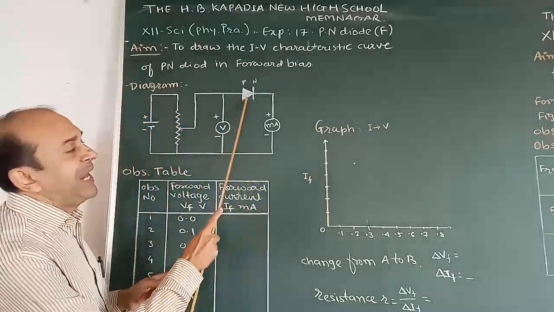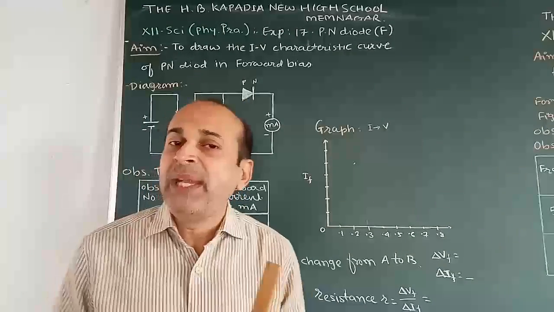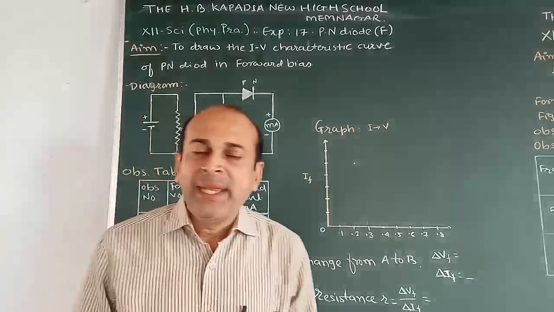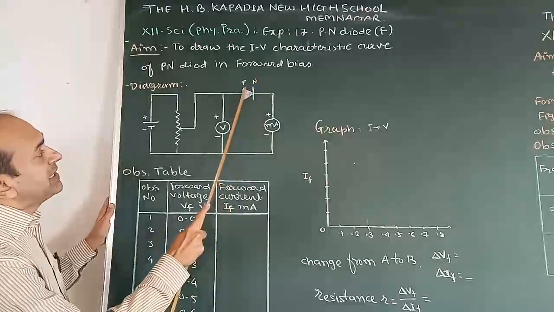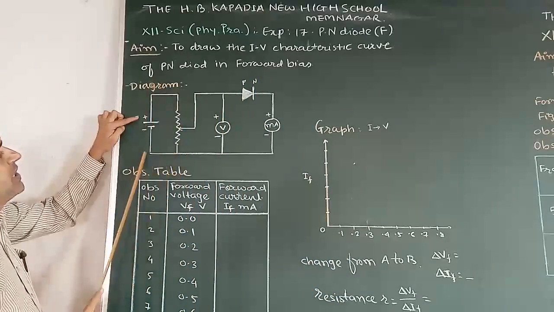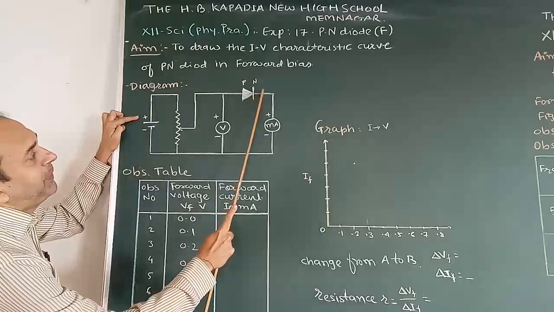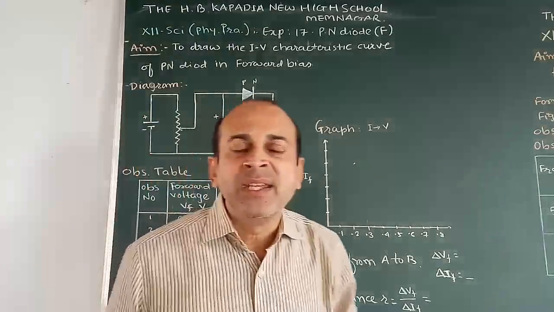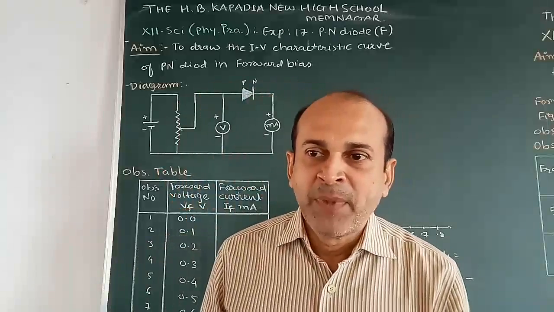Here this triangle symbol shows the P-type material, where the line is the N-type material, and the P-type material is connected to battery positive and the N-type material is connected to battery negative. That's why this connection is known as forward bias.